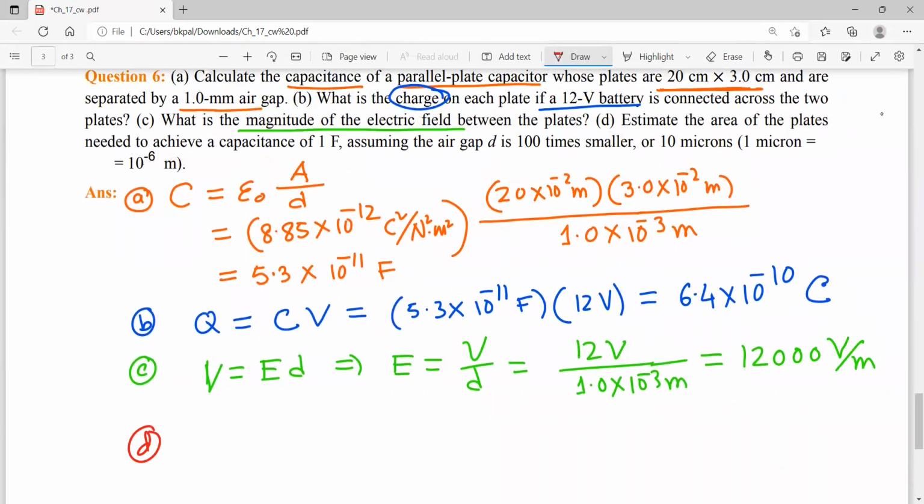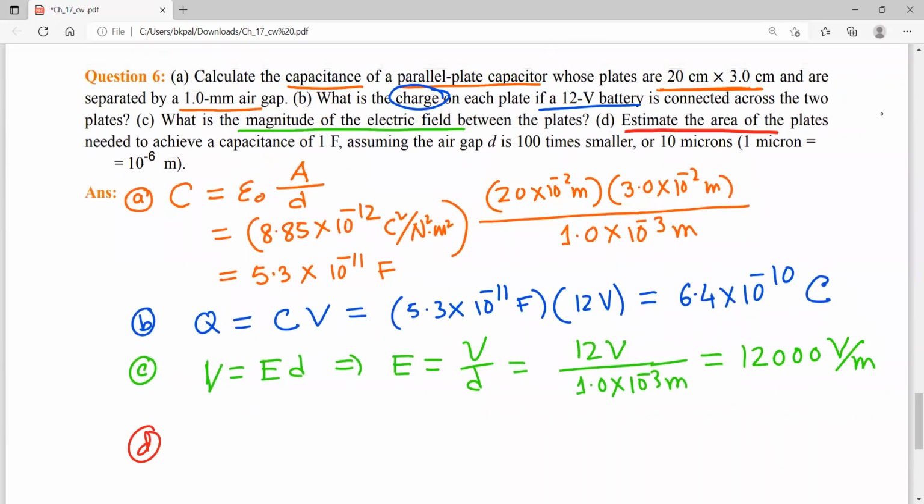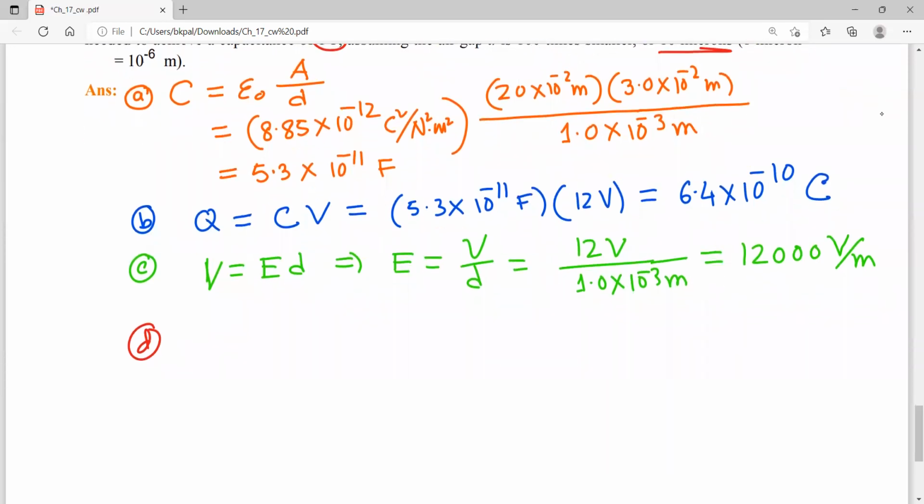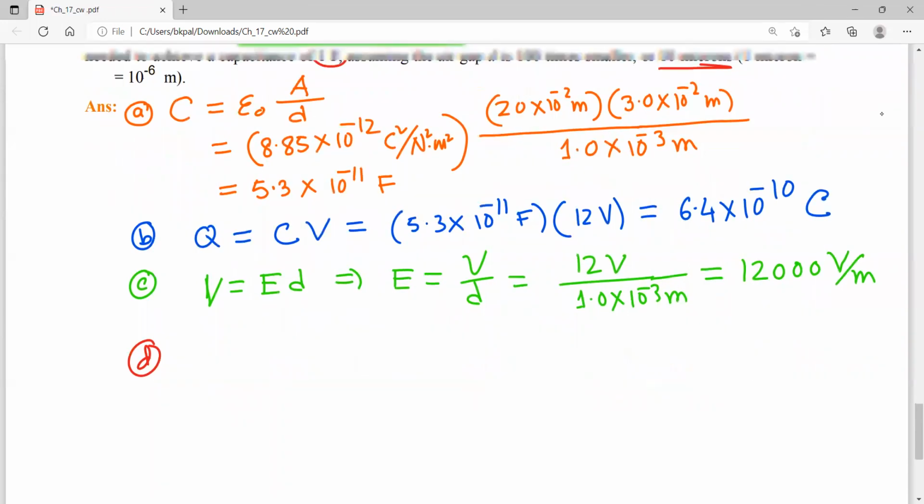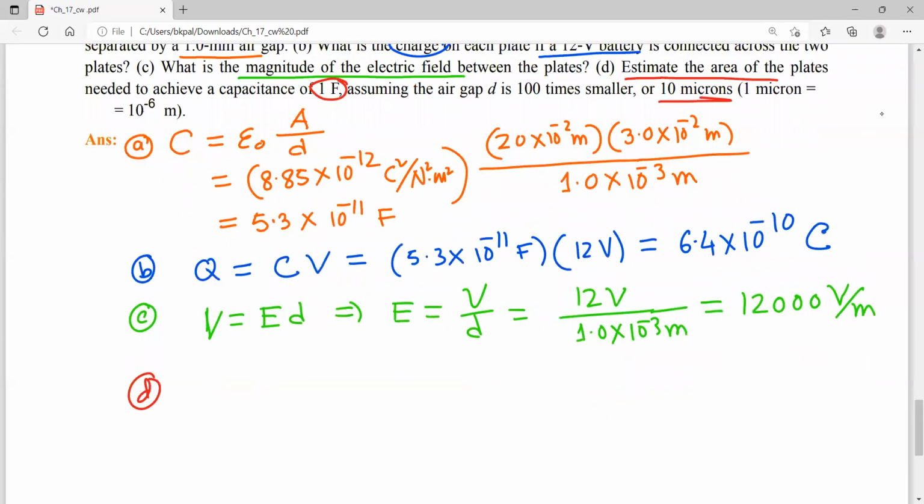The last one. Now we have to estimate the area of the plates needed to achieve a given capacitance. Given that the capacitance is 1 farad and the gap is 10 micron, 10 micron means 10 times 10 to the power minus 6 meters.